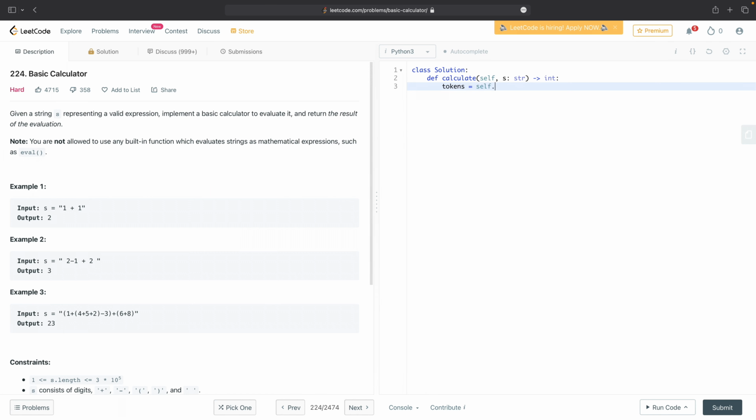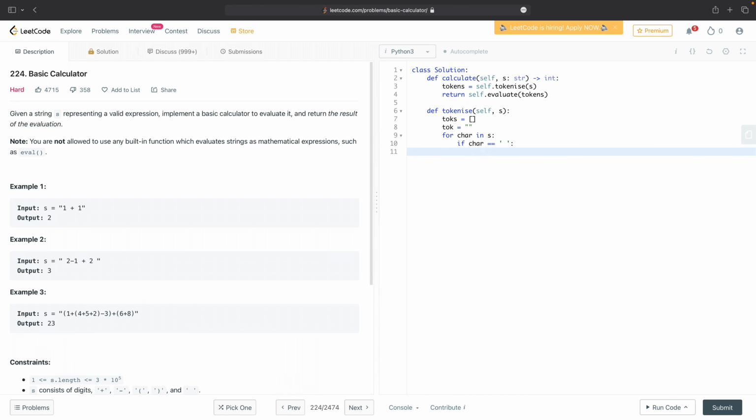So, tokenize self s. Basically, what we need to do is toks is an empty list. Tok is an empty string. So this is going to be a fairly standard tokenization. For car in s: if car is a space, and tok does not equal, no, actually, hang on.